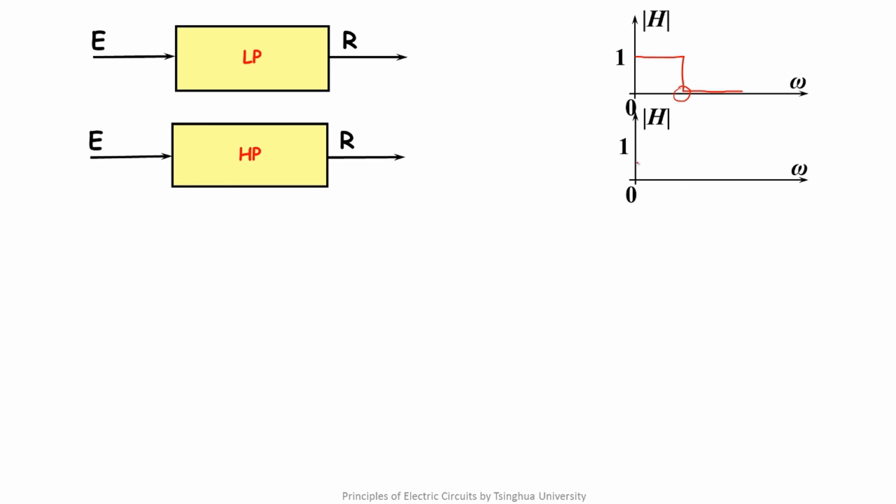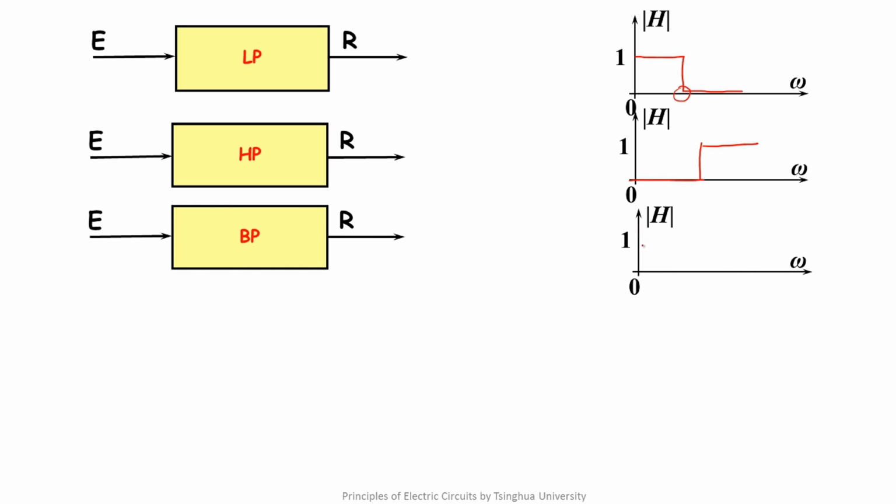Similarly, for the high-pass filter, the low-frequency signal is attenuated and the high-frequency signal remains the same. The so-called bandpass filter refers that some frequency band signal can pass and the rest is attenuated. That is like this.